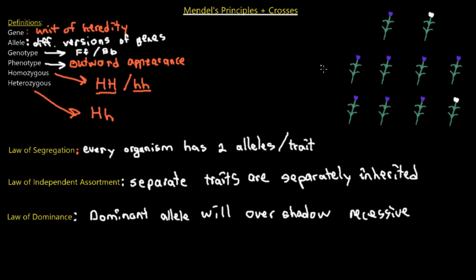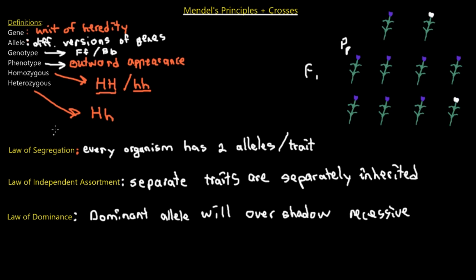And we've seen this with the F1 generation, where all of these are heterozygous, right? So all of these are heterozygous, and in all cases, they were still purple, as if they were homozygous, because the dominant allele was of course dominant over the recessive allele.